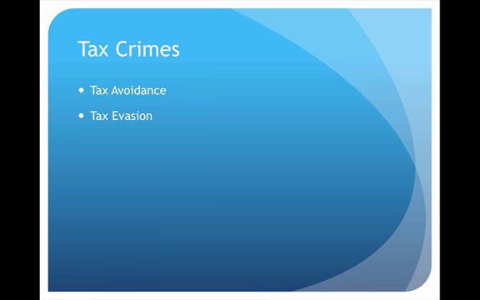And as long as we practice tax avoidance, that means we're practicing legal ways of reducing our taxes. In other words, we're looking at all the options, we're taking advantage of all the tax credits, we're taking advantage of all the opportunities to reduce as much as possible the amount of taxes that we have to pay.